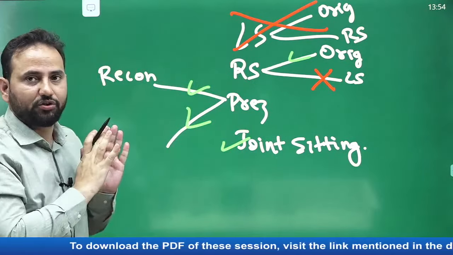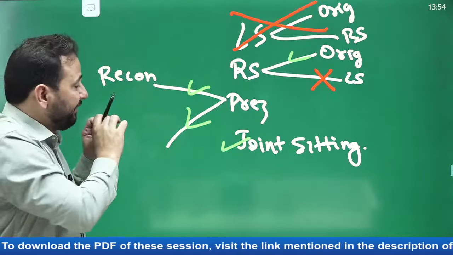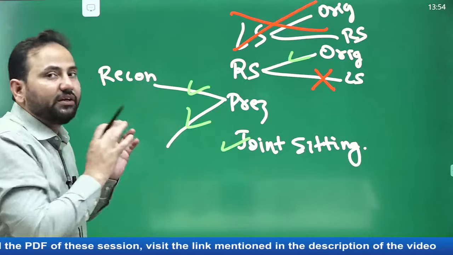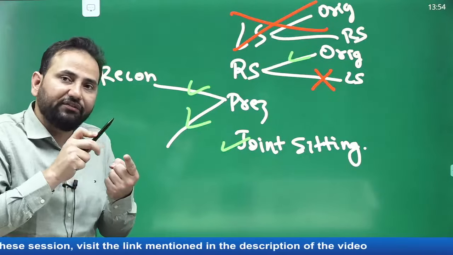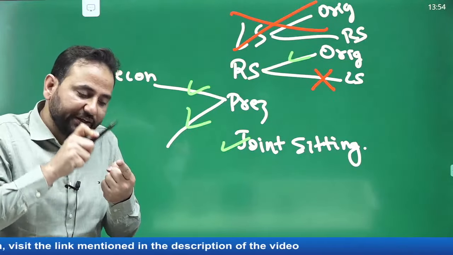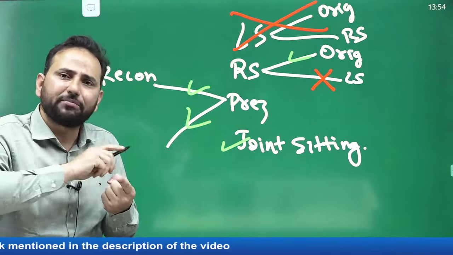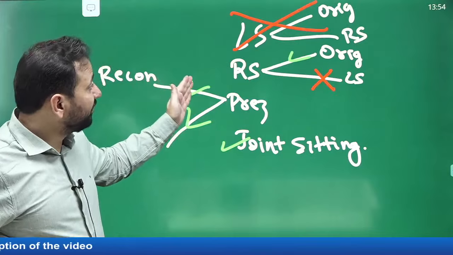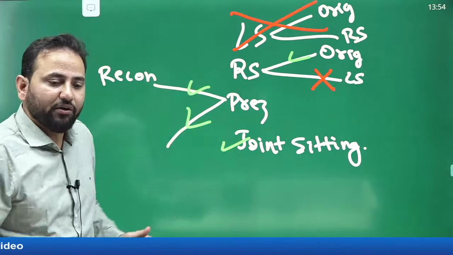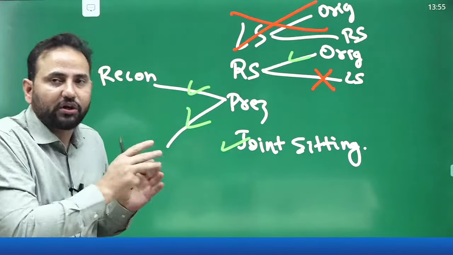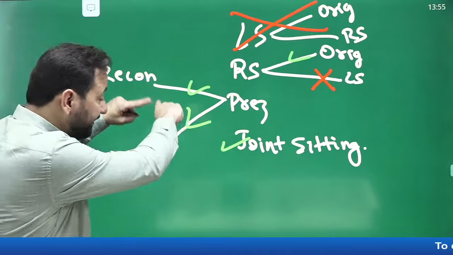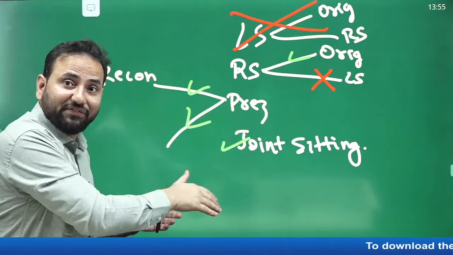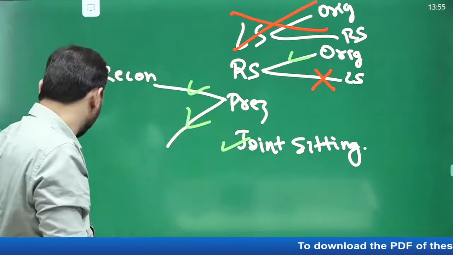Just remember this much, and every time the concept associated with this will be clear. All other conditions means not with reference to any other condition, with this condition only.